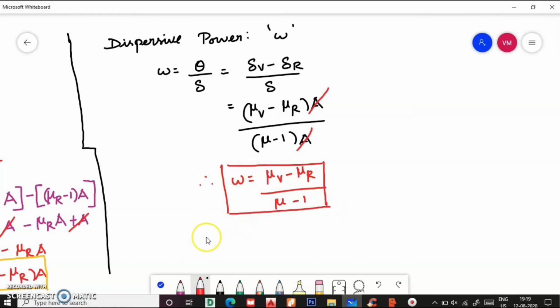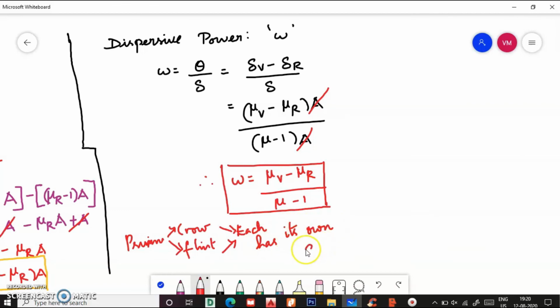Dispersive power for different materials varies. That is, the dispersive power for crown glass is lesser compared to the dispersive power of the flint glass prism. This expression for dispersive power is used mainly in geometric optics and is stated in terms of refractive indices for violet and red light.